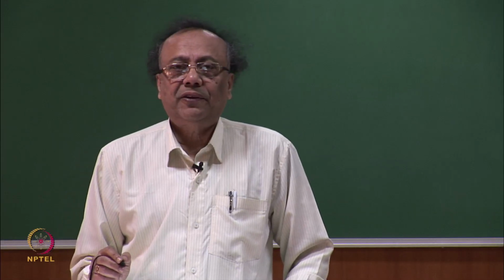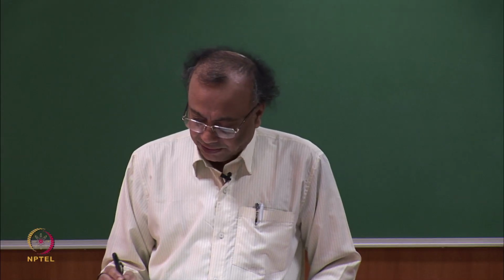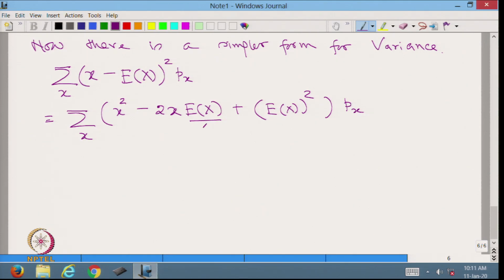I want to emphasize two things. One is that expected value of X is a constant, so we can take it out of the summation as I will show later. But another thing is about notation. Here I am using small x, which means a value of the random variable X. When we use capital X, that gives the name of the random variable.